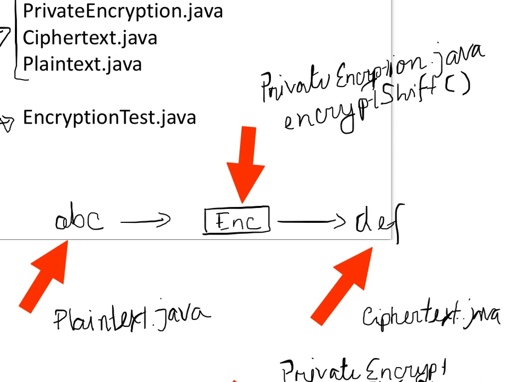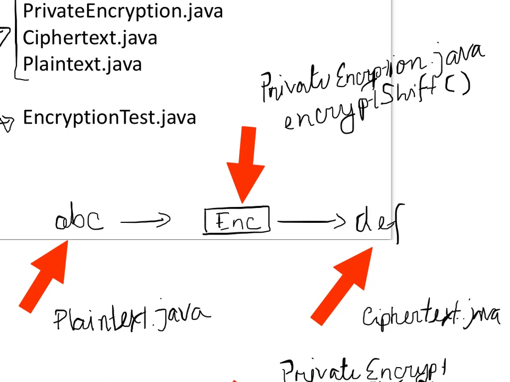In between we have this box, encryption, and this box is encrypting the plain text to ciphertext. This box performs according to the encryptShift method that is inside PrivateEncryption.java.